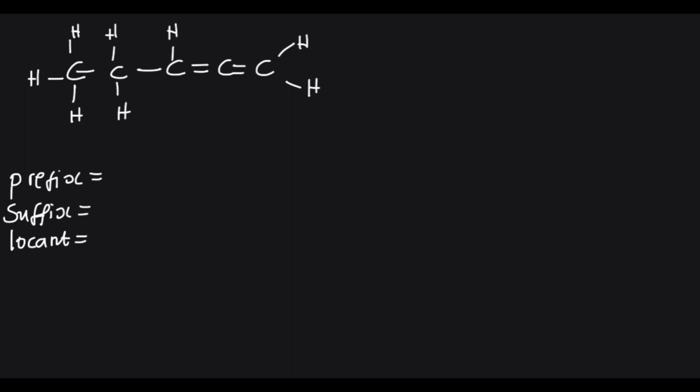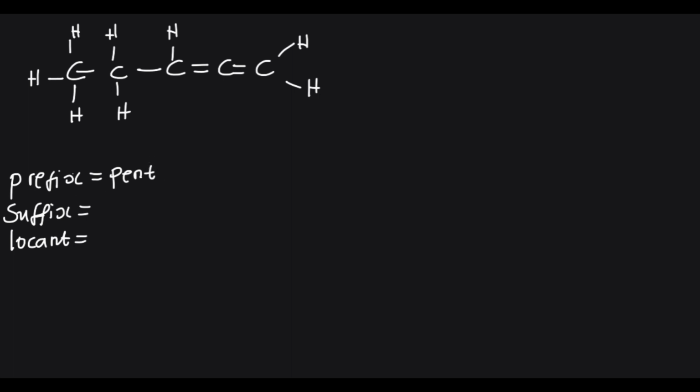Okay, so now let's look at the first thing. We'll look at the prefix. So let's count the number of carbons that we have. So 1, 2, 3, 4, 5. So we can see that we have 5 carbon atoms. So the prefix for 5 carbon atoms, remember we said, is pent.